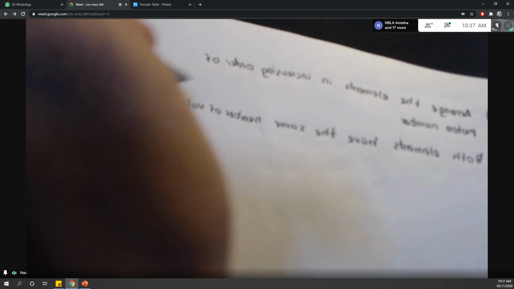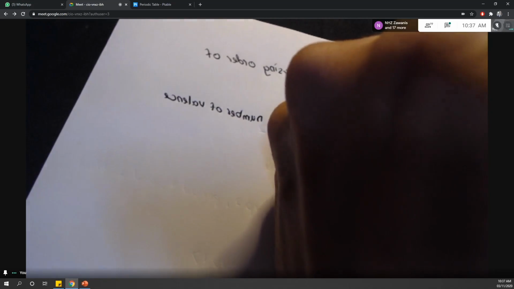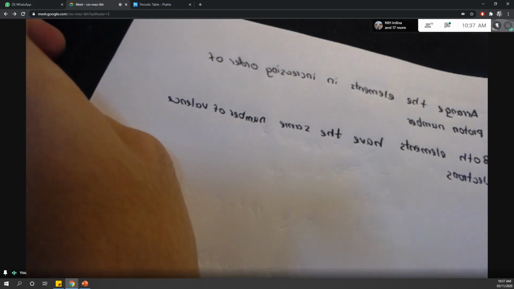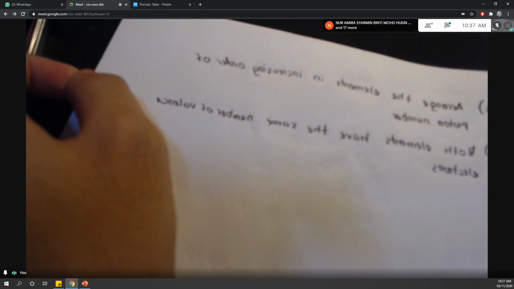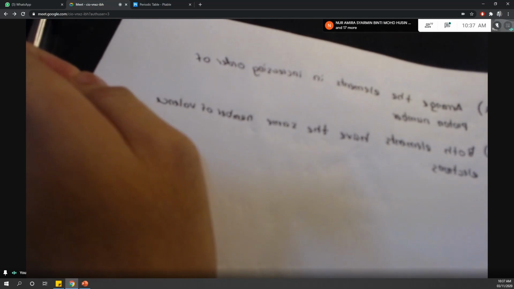Kalau tak nampak beritahu tau. Okay, both elements have the same number of valence electron. Okay, boleh.